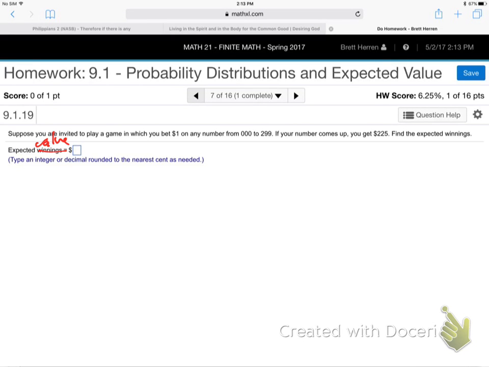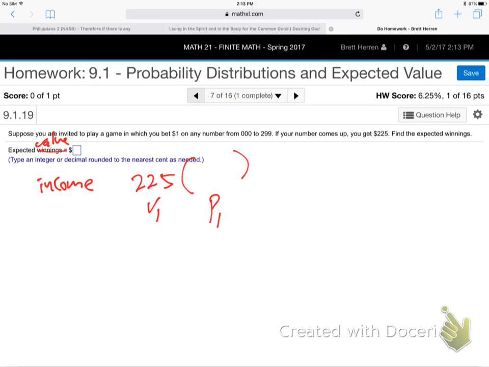So here we go. Let's just call it income. I don't know what else to call it. It's what you're going to collect. So what are you going to collect? Well, you're going to win $225, right? That's the value times the probability.